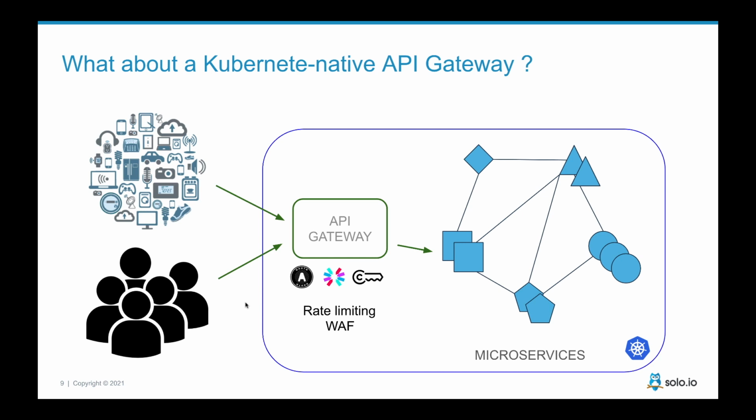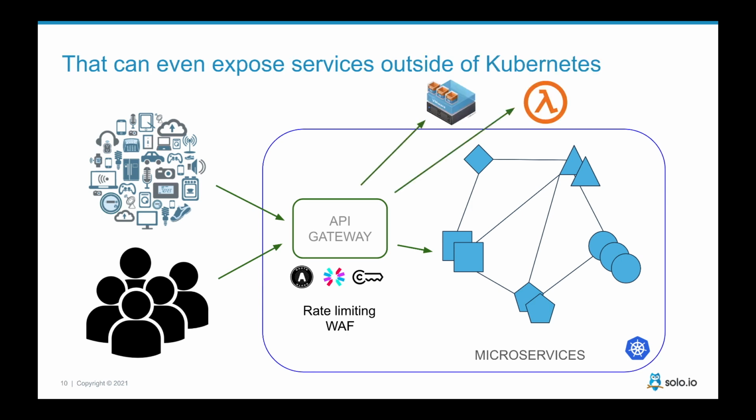And what's nice as well is that these Kubernetes API gateways can generally do much more than just authentication, right? So you can do rate limiting, WAF, but also things like transformation and so on. And you will see, I will do multiple demos to try to demonstrate that in a nice way.